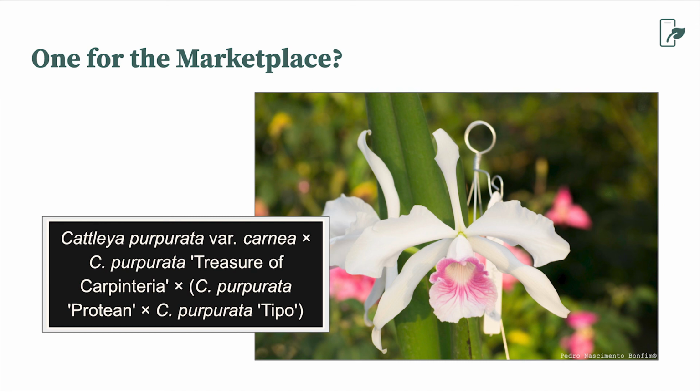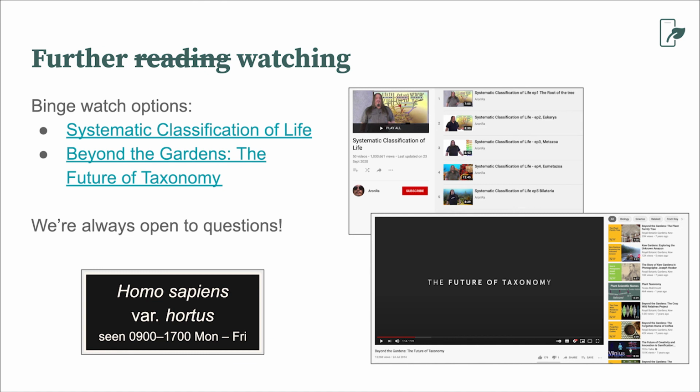Yeah, so thank you very much. Any final questions? On that note, I was just going to mention before the questions, there are some great further watching, some really nice links. There's a chap here who's created a long series of videos on the classification of life and how organisms are classified.